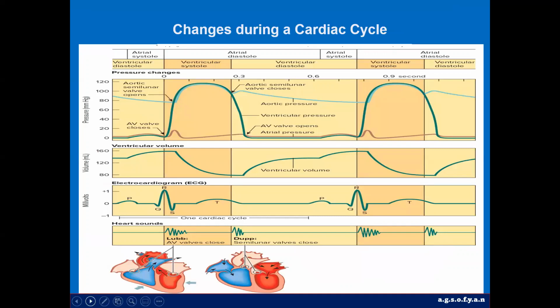Okay, now we're going to learn the changes during the cardiac cycle. Again, this is happening when the atrium contracts, the AV valves will be open over here, and the blood will be entering into the ventricle.